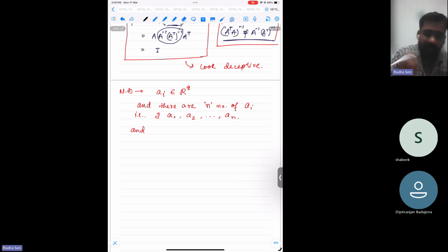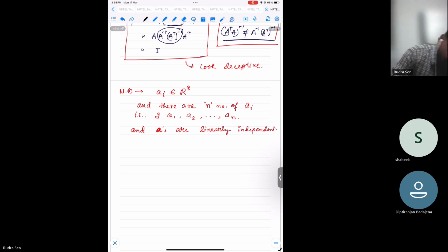And the next thing that I have said is that all the A vectors are linearly independent. So here basically n is less than q.